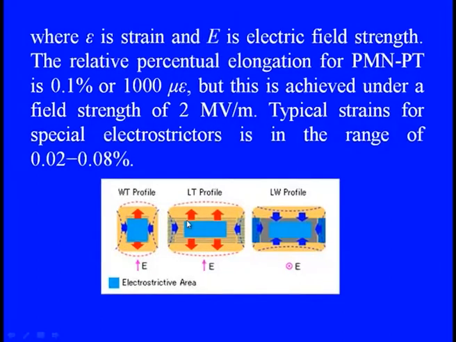When we apply the LW profile, there is a clear compression at the particular electrostrictive area, but outside it the features are compressive. So in all, there is a clear change in the strains, depending on the profiles concerned with the electrostrictive areas.